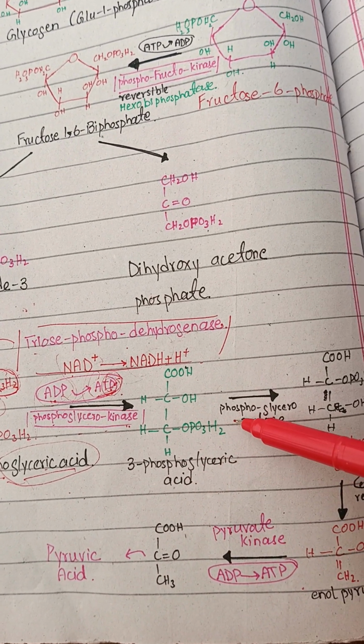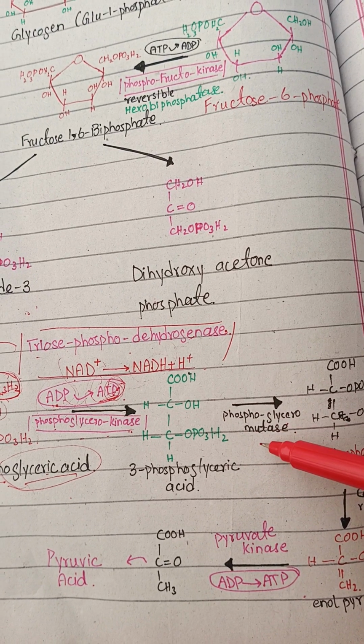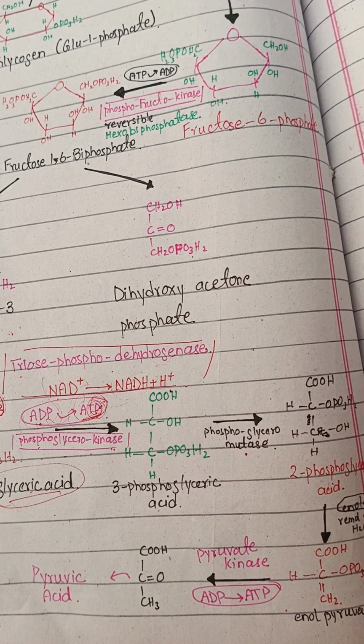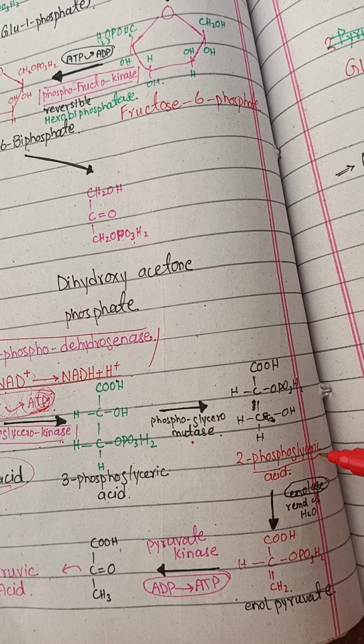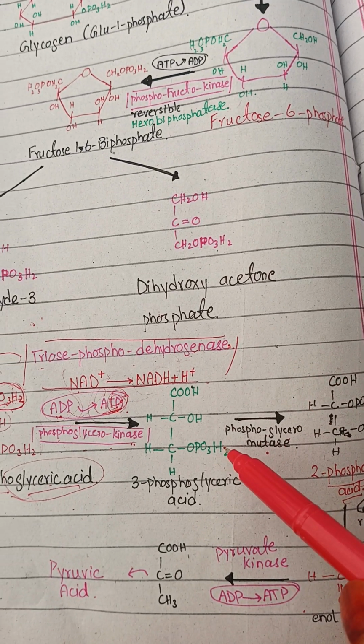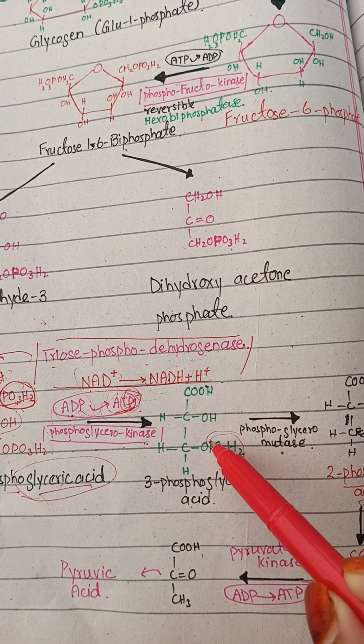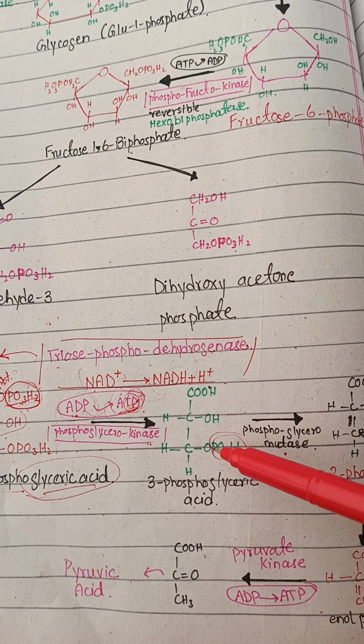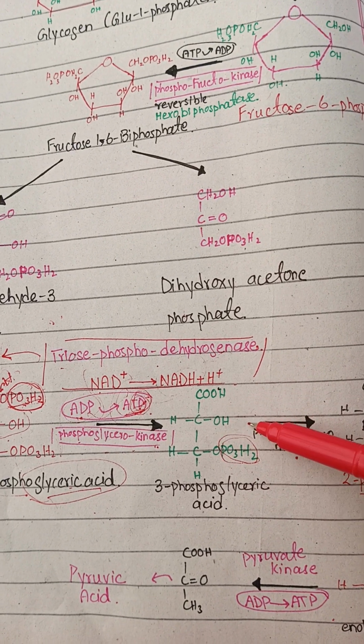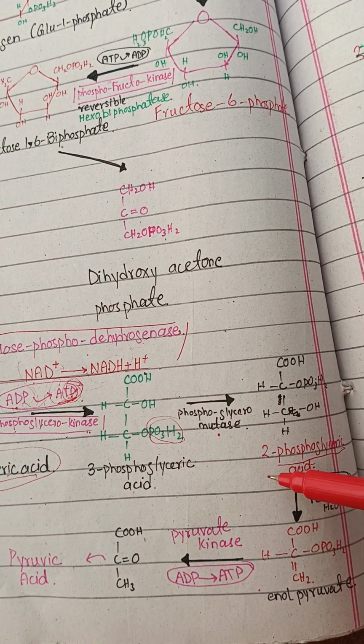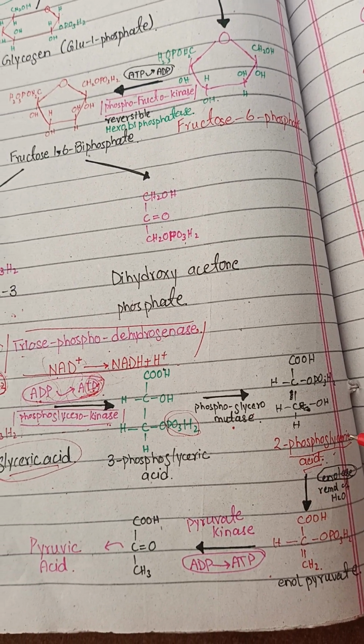Now we use an enzyme which is called phosphoglyceromutase. This enzyme converts it into 2-phosphoglyceric acid, mean that this phosphate which is attached at the third carbon atom would shift to the second carbon atom, and 2-phosphoglyceric acid is formed.